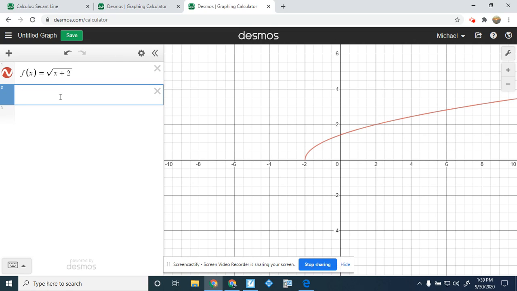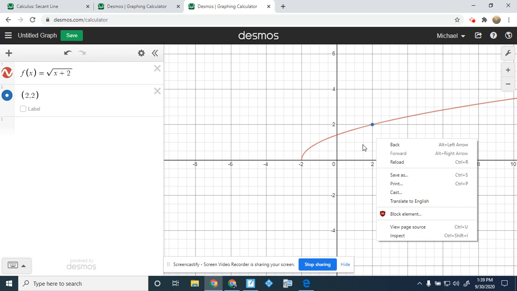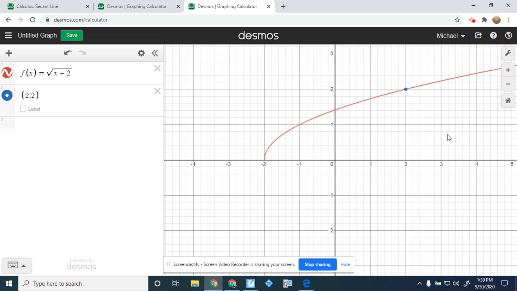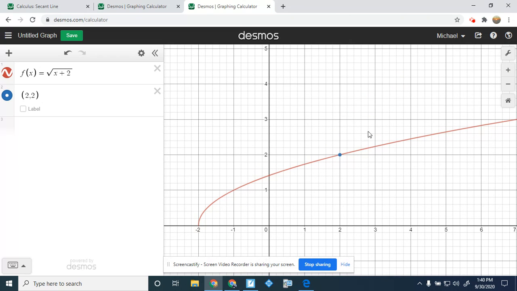Does it seem reasonable that at the point x equals 2, which would be 2 comma 2, that point right there, does it seem reasonable that if I drew in that tangent line, that the slope of it would be up 1 over 4? And hopefully saying, yeah, it certainly seems reasonable. In fact, it is. Okay.